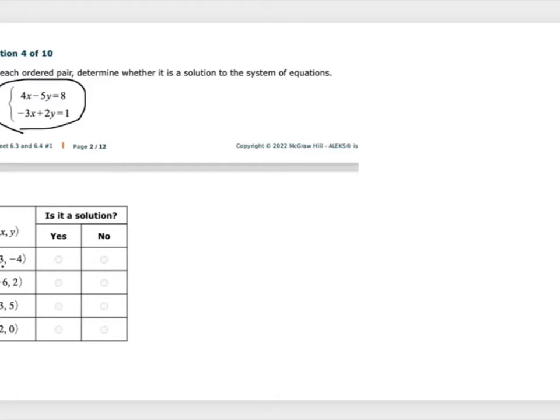So let's try negative 3, negative 4. We plug in, so we have 4. We're going to have the x right there. We'll make that a negative 3 for this point. Minus 5. We'll make the y right here, and the y is negative 4 for this point, equals 8.